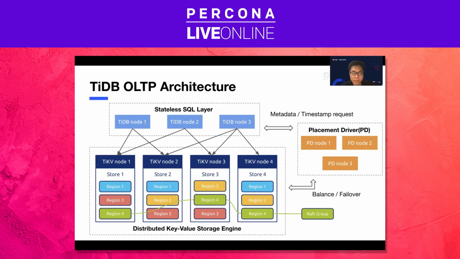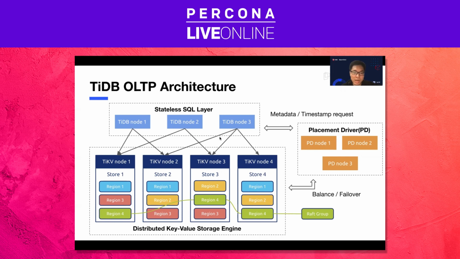For brevity, I only introduce the OLTP part and skip the OLAP part because it's not related to this topic. As you can see, TiDB has three major components: stateless SQL layer TiDB, distributed KV storage engine TiKV, and a placement driver PD.